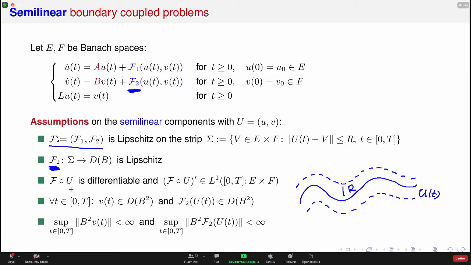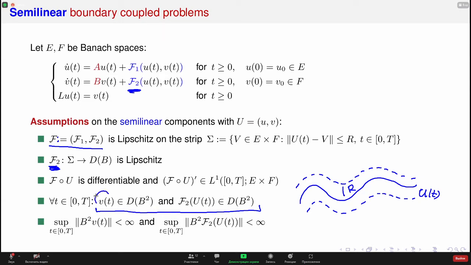That F of U should be differentiable and the derivative should be bounded, also should be in L1. And these are actually technical results, a little bit strong, but there are a lot of examples which fulfill these assumptions.